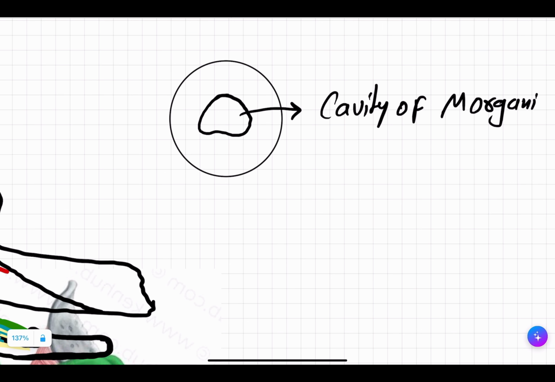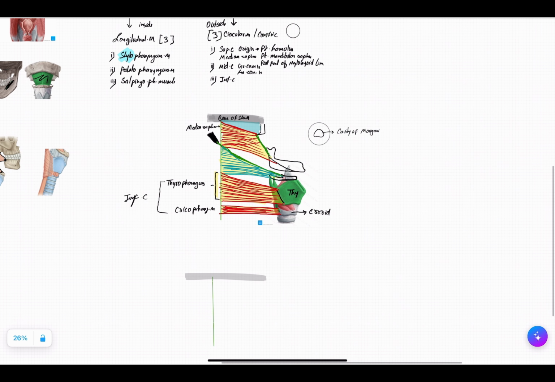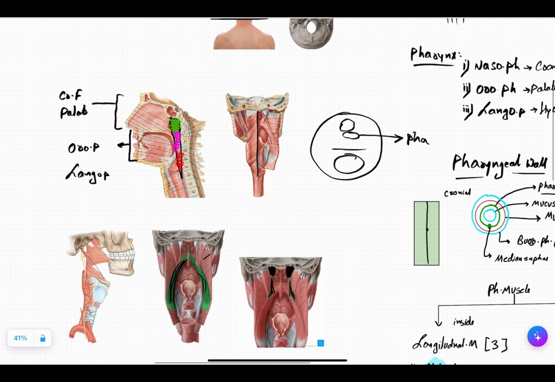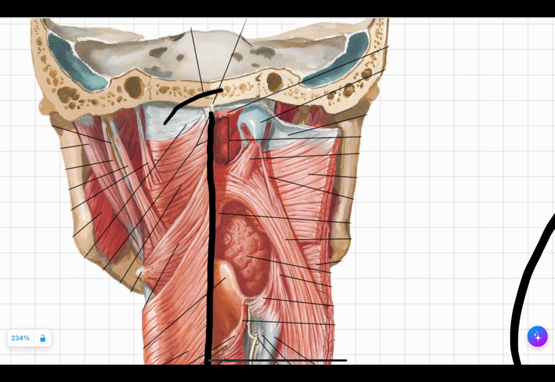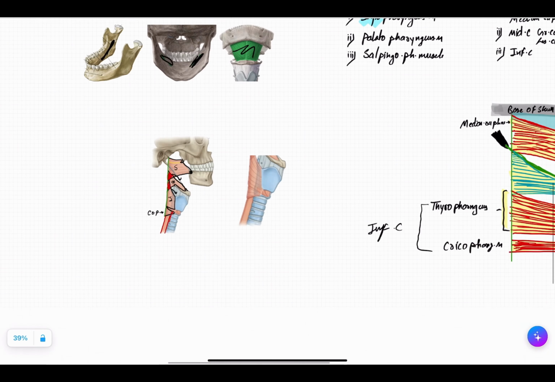The cavity of Morgagni, similar to the sinus of Morgagni of your pharynx. Let me show you the cavity of Morgagni. Do we have that here? Yes. You see this? Here you can see the pharyngobasilar fascia, and inside that you will have the cavity of Morgagni.